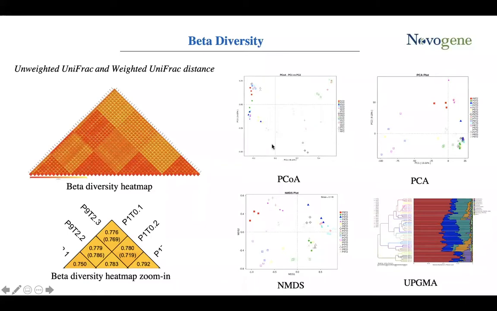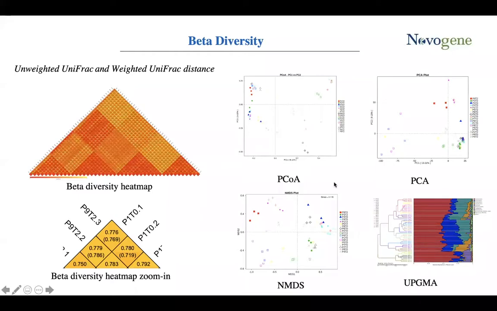So each point here represents a sample and is plotted by the principal component on the x-axis and another principal component on the y-axis. And the points were colored by group. So the percentage on each axis indicates the contribution value to the discrepancy among samples. So the more similar the sample composition, the closer they will be to each other.